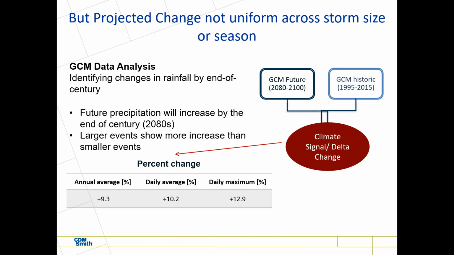In our case, if we just look at annual averages, the models do predict an increase of about 9% between now and 2080. And the daily average is predicted to go up 10% and the daily maximum by almost 13%. So we need to deal with this in some fashion if we're building things or in the collection system or even preparing for future flooding.